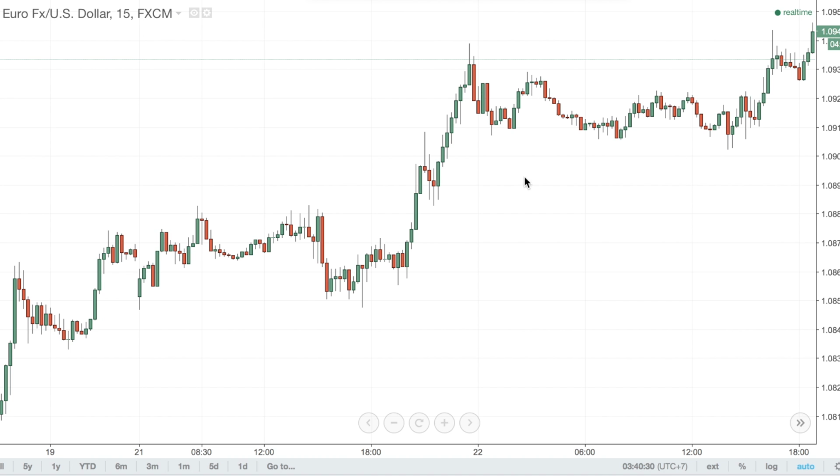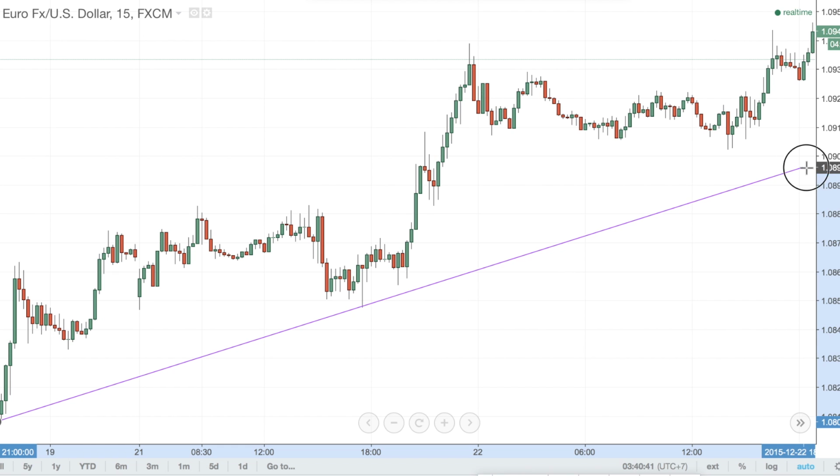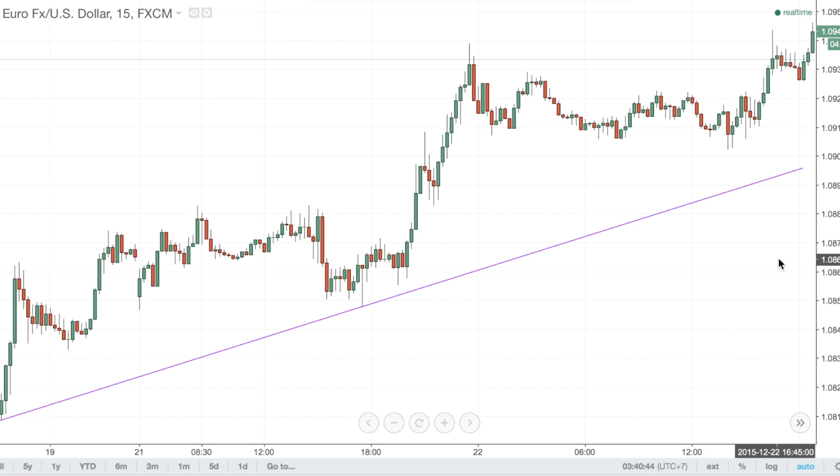Now, when you look at this chart, if I were to tell you, sitting next to me, to draw a trend line, 80% of you are going to be doing this. Some of you are going to be doing this.